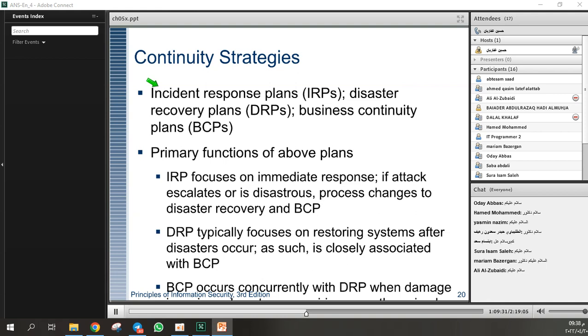The incident response plan means that I respond immediately to an accident. Something happens, and what should I do right now? For example, I should block something, turn off something, or cut the network.